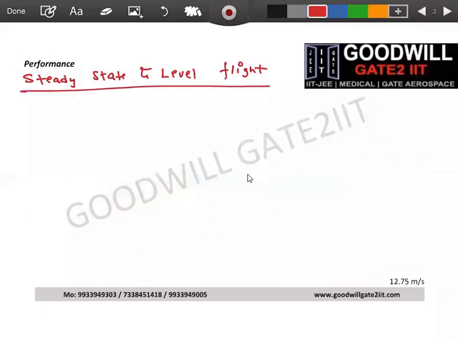All right. So when we say broadly steady state and level flight, you people must have seen these equations before. If you have an aircraft which is flying at some altitude, now the forces which are acting: your engine is producing thrust in the forward direction. This is the reason you are moving forward. Also, because you're moving in air, you have a drag component which is coming up.